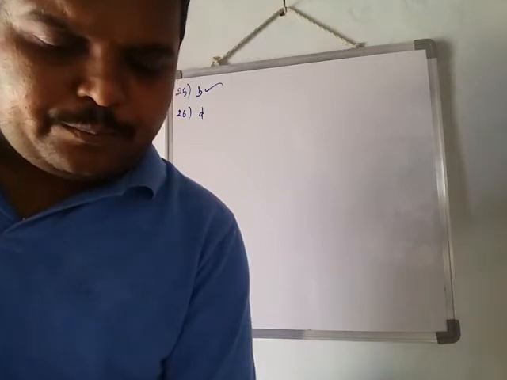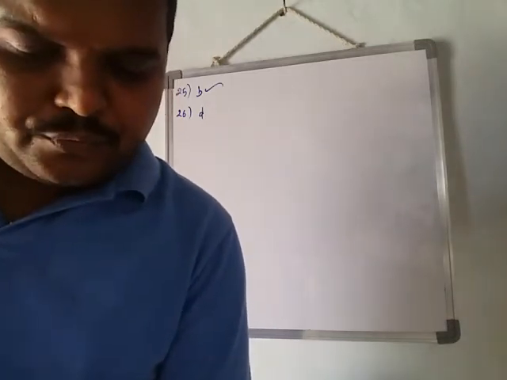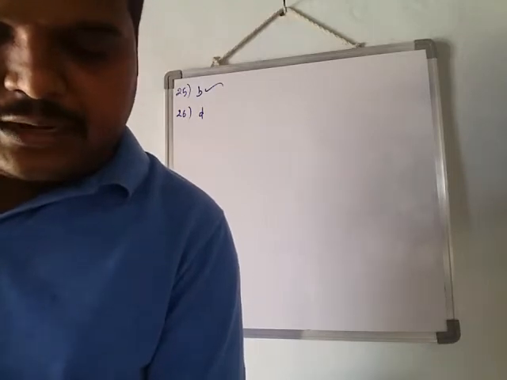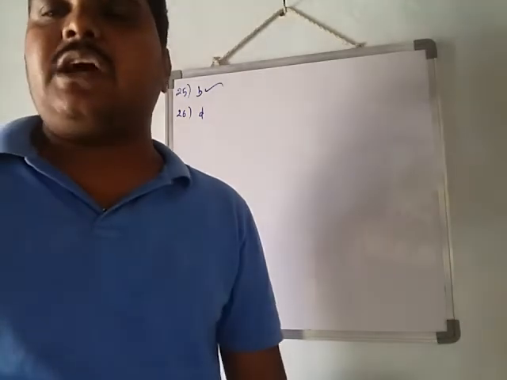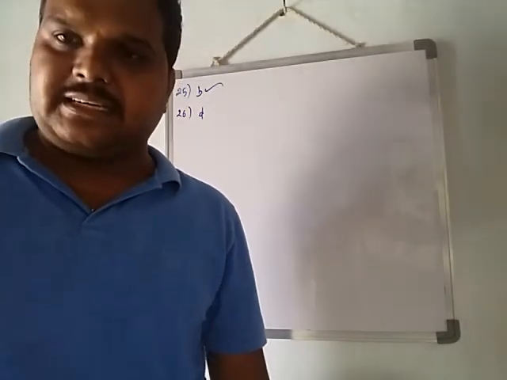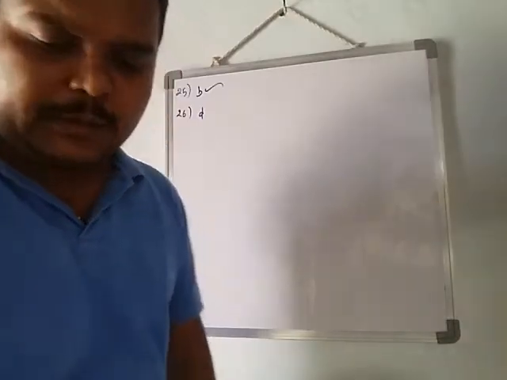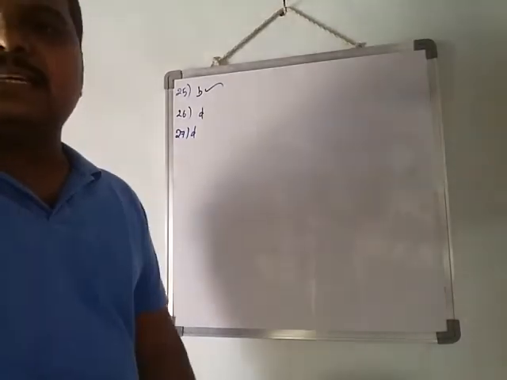Keep from being pulled into the nucleus, wrong. Keep from being repelled by the nucleus, wrong. Possess energy, correct. When an electron rotates in a particular orbit, a circular path, it contains energy. Is it clear? Yes or no? So option D is correct. 27, option D is correct.